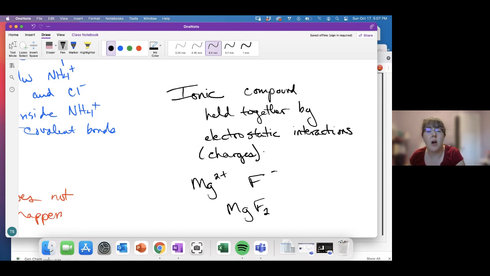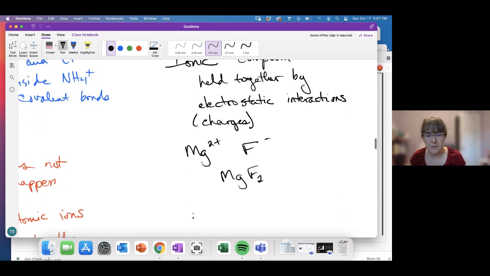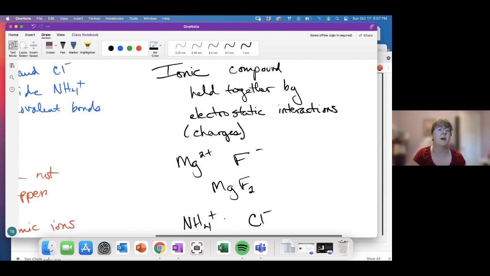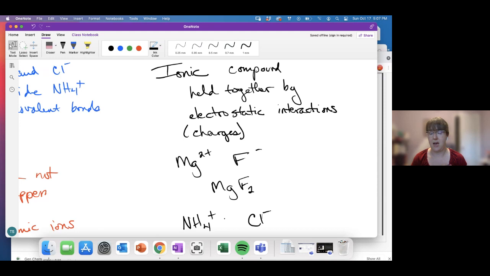That is the most common way you see that, but that's why we were using the ammonium chloride example, because I still have a positive and a negative, but now my positive is a polyatomic ion. So my positively charged thing is still a positively charged thing, and that's all the definition of ionic cares about. Ionic compounds just care about what's holding it all together. If I've got a positively charged ion and a negatively charged ion, that's an ionic compound.